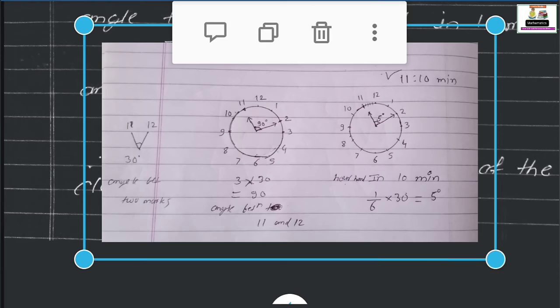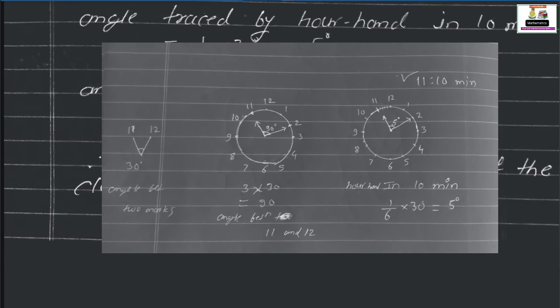See again. This is one part, the angle between 11 and 12 is 30 degrees, and the 2 mark.